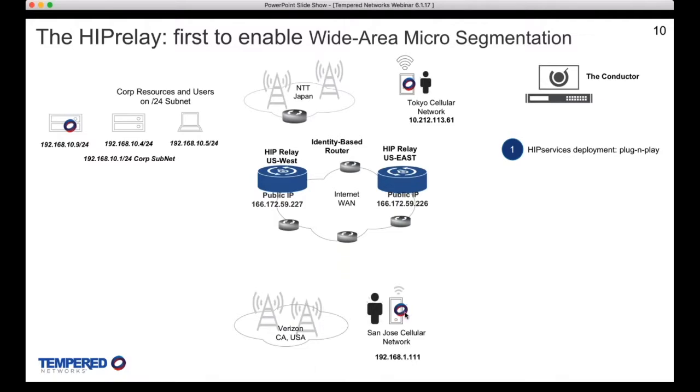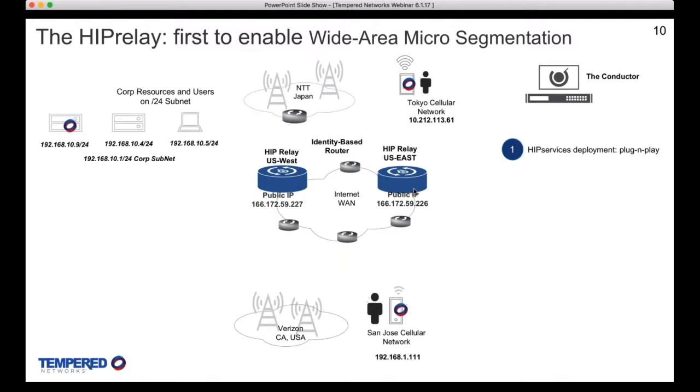And these clients could be coming from anywhere. The HIP relays, you'll notice, are the only publicly addressable element in the secure networking model here. The deployments usually take under a few minutes. It's rather trivial to do.